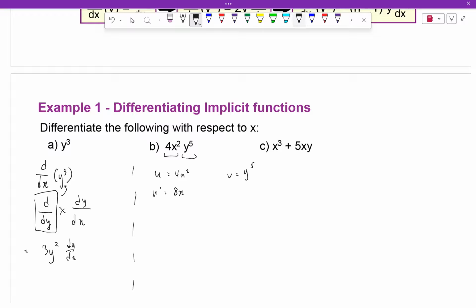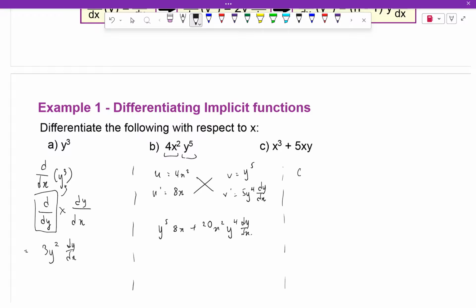But for v dash it becomes a bit more troublesome. We differentiate normally like we should, but you have to add dy dx. Cross multiplying, our final answer is y to the power of 5 times 8x plus 4x squared times 5, which is 20, so 4 times 5 y to the power of 4 dy over dx. Done. End of story.